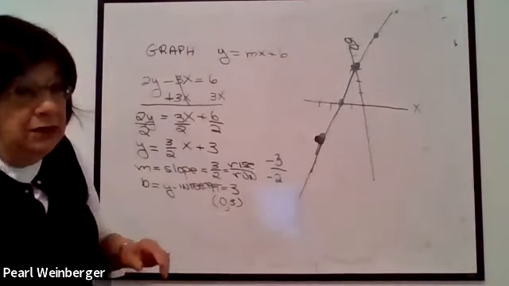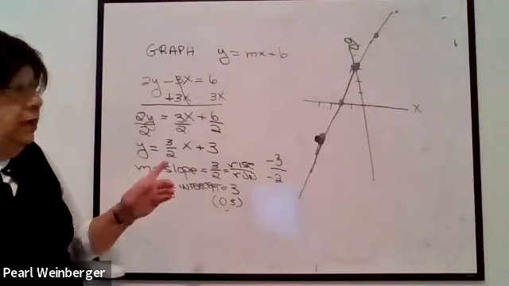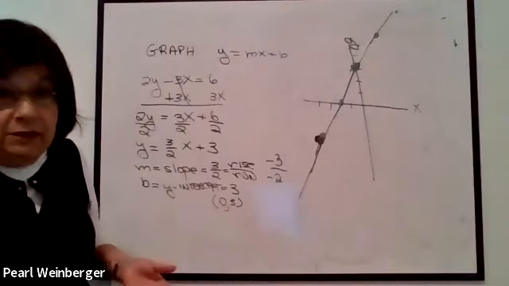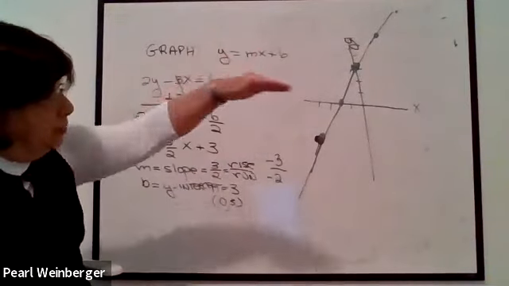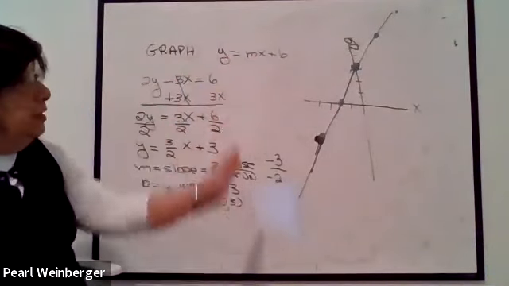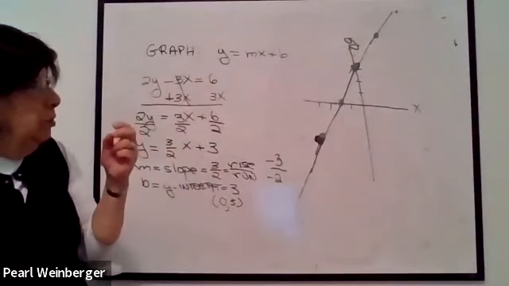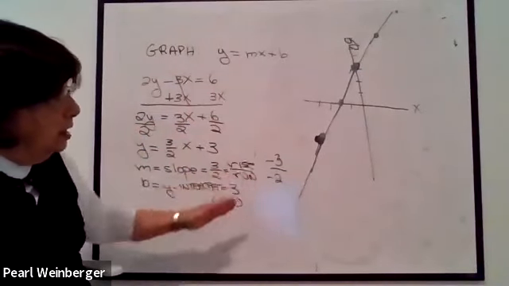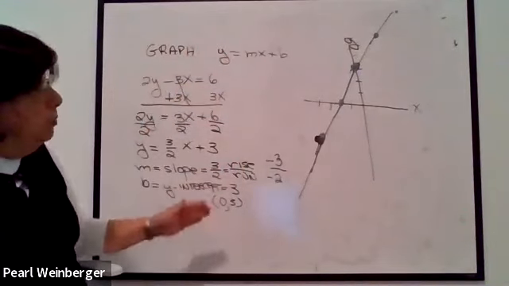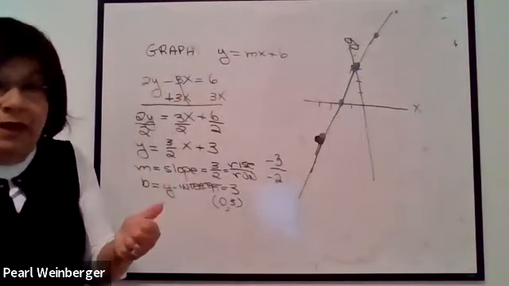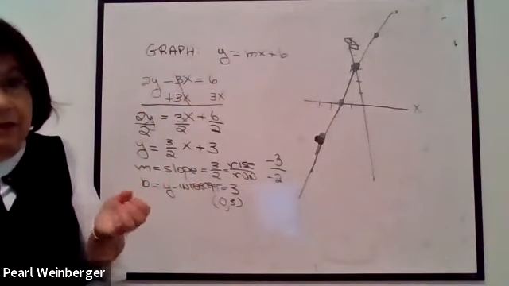Now, what we don't get directly from the equation is something called the x-intercept. The line not only crosses the y-axis, unless it's a line that goes straight across, or a line that's going straight up and down, any slanted line, any line that we can put in the y equals mx plus b form will have both a y-intercept and an x-intercept.